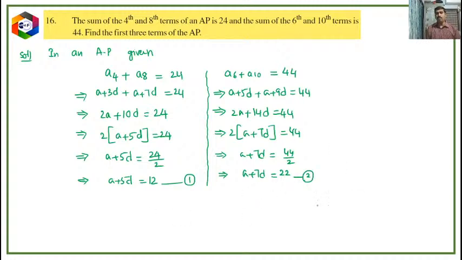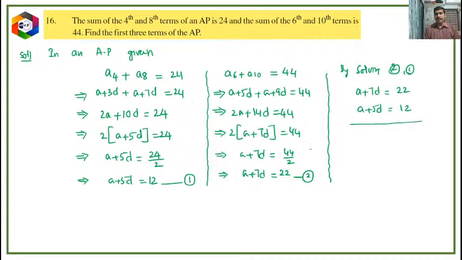Now solve these 2 equations. We know the values of A plus 7D and A plus 5D. By solving these 2 equations, we will get the answer. Equation 2, comma 1, that means we will write this one below the other. A plus 7D is equal to 22 and A plus 5D is equal to 12.